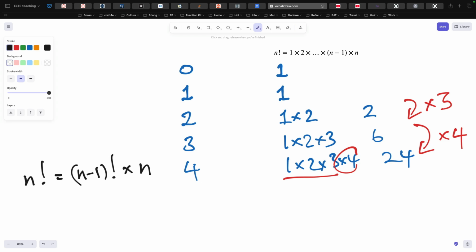multiplied by n. And that insight that we can get from one line to the next gives us a way of efficiently calculating this table of factorials.